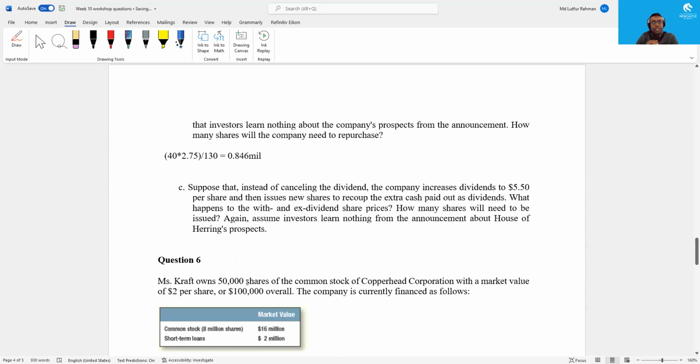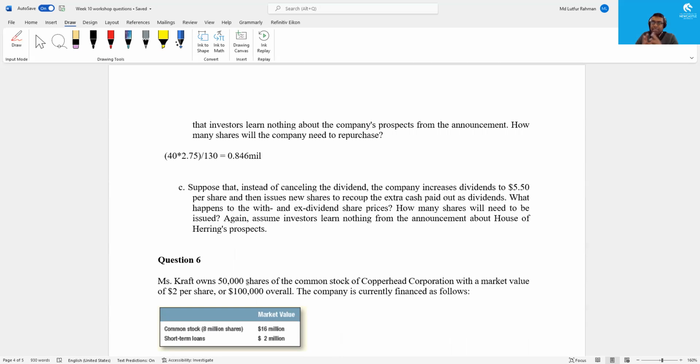The next one is, suppose that instead of canceling the dividend, the company increases the dividend to 5.5 per share and then issues new shares to recoup this extra cash paid out as dividends. What happens to the with and ex-dividend share prices, and how many shares will need to be issued? Again, assume investors learn nothing from the announcement about House of Hearing.